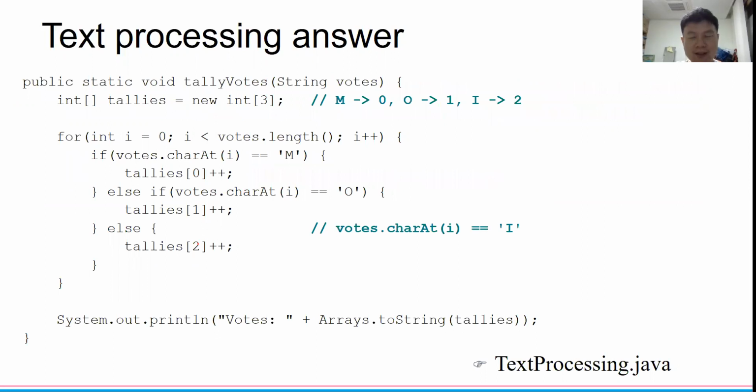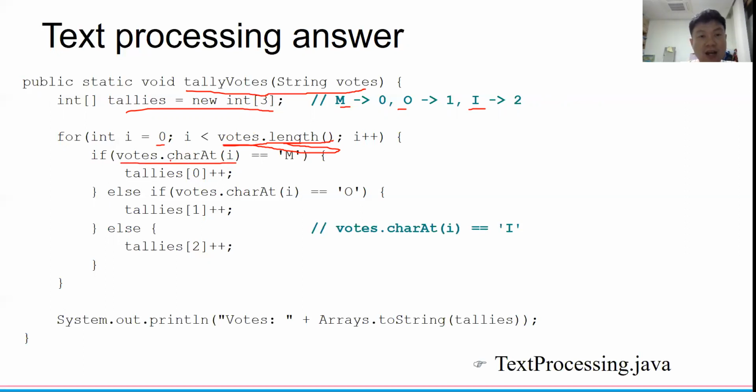This is the solution that we can offer. We have the method tally with one string parameter, and you make the tallies array of size 3, because there are only M, O, and I. After that, you loop from 0 until the length of the string, and for every index you check the character.